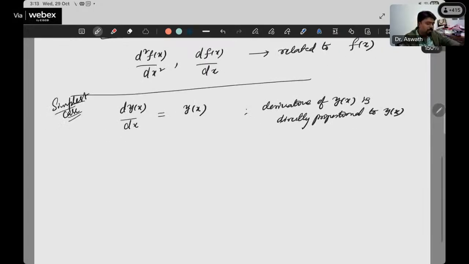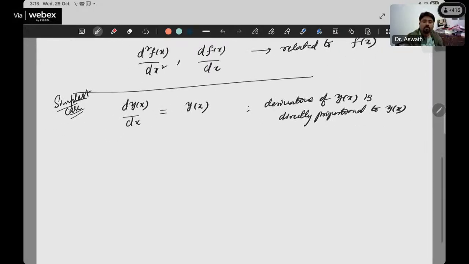If such a feature is there, you know what happens? These functions are going to have exponential solutions. You know why? We just take this and rearrange: dy of x divided by y of x is equal to dx. Now you integrate. Let's say I don't know the limits, so I can leave it without limits.